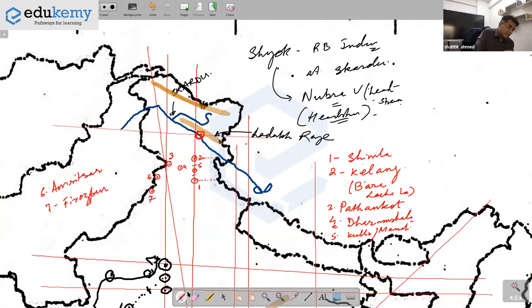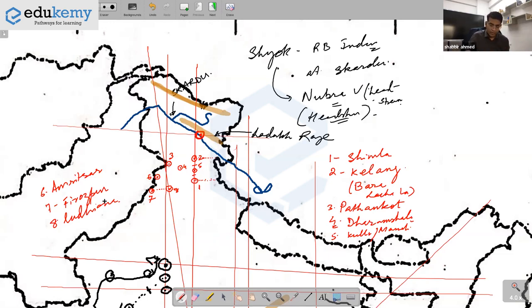And if I move east of Firozpur, what is this place? Anybody knows what is 8? 8 is Ludhiana. Yes. If you know this much, you should be able to mark the rivers, Ravi, Beas, and the rest. It shouldn't be a problem.